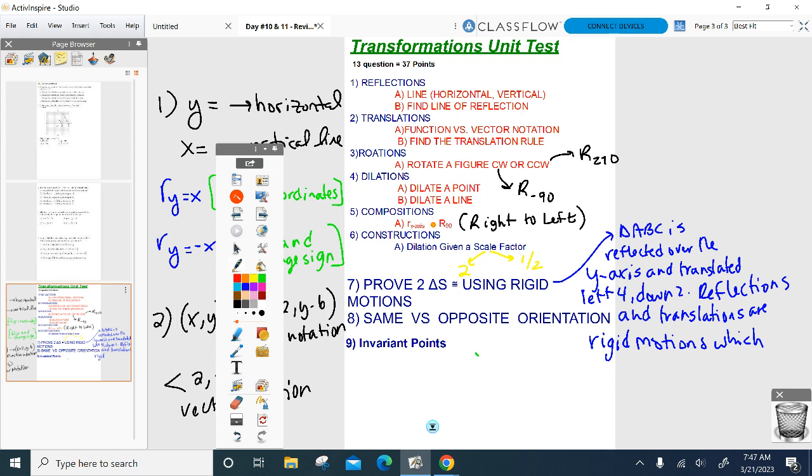Reflections and translations are rigid motions which preserve. What's it preserve? Distance and angle measure. And whatever word you want to use there, I'll just use thus. Triangle ABC congruent to A prime, B prime, C prime.